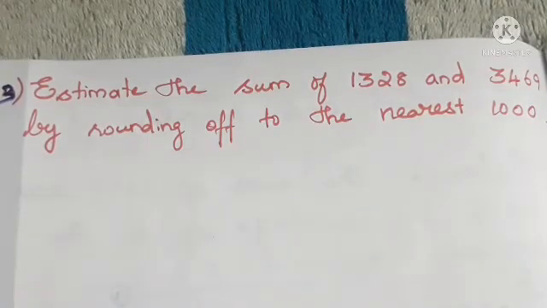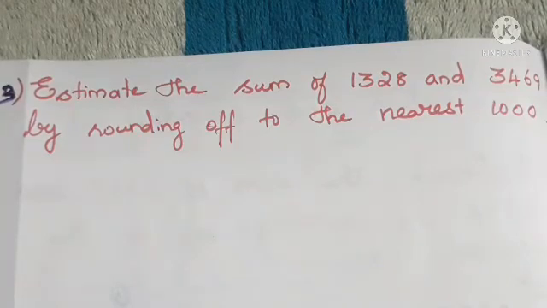In the previous two questions, we discussed rounding off to the nearest 100, no. But here they asked to round off to the nearest 1000. So what's the rule? What do we have to do? Nearest 1000 means we have to focus on the 100 place value.